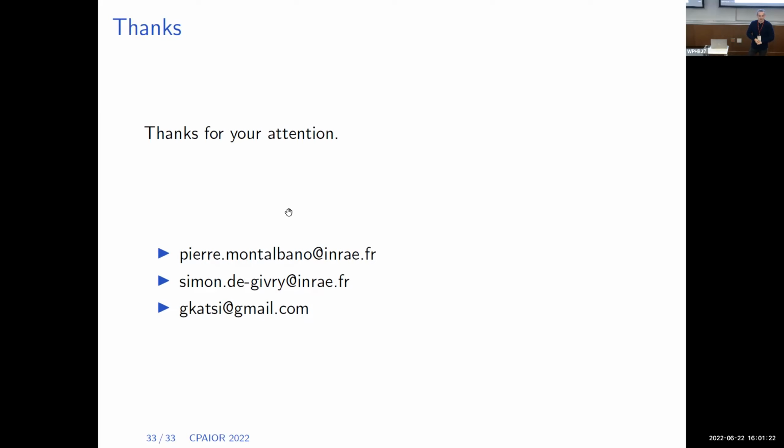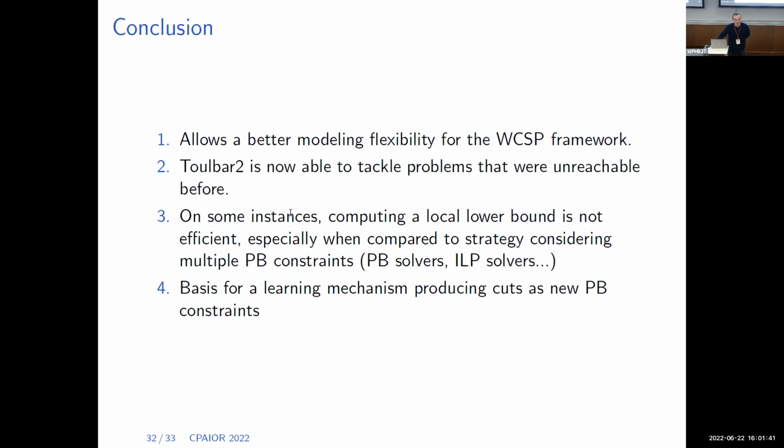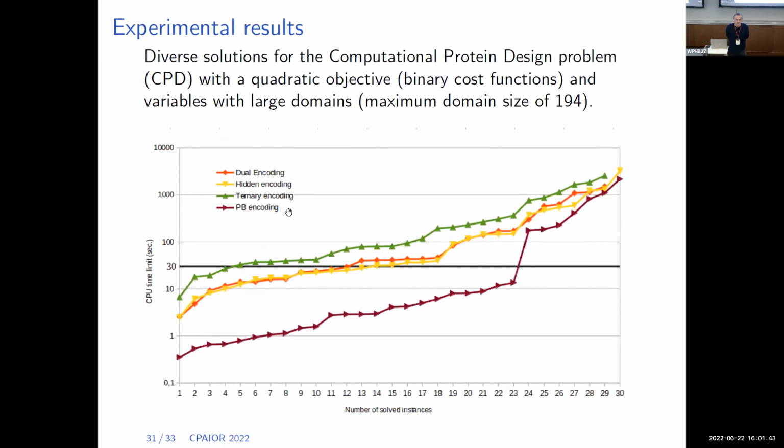Have you had the chance to see when your approach doesn't improve on toolbar2? When does it improve? So you said that this is something that you can add to toolbar2 to improve performance on the protein benchmark, I don't remember the name. Yes. But to find out when it's not an advantage to use it. No, not really, because this allows to handle pseudo-Boolean constraints.